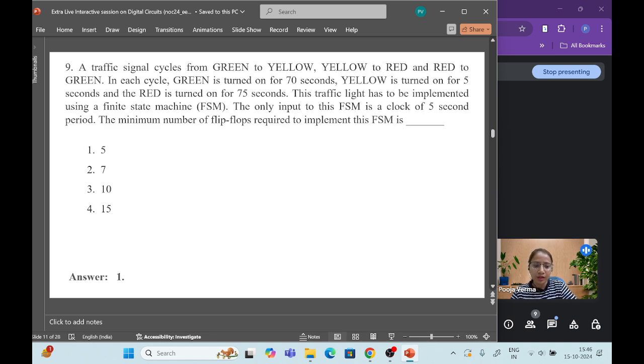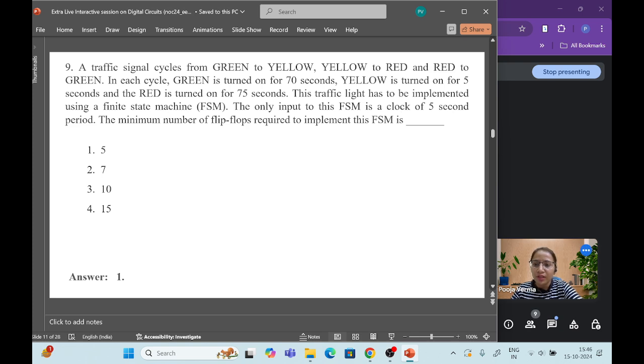Okay, so moving to the next question. The next question is different. It is related to FSM, that is finite state machine. A traffic signal cycles from green to yellow, yellow to red, and red to green.